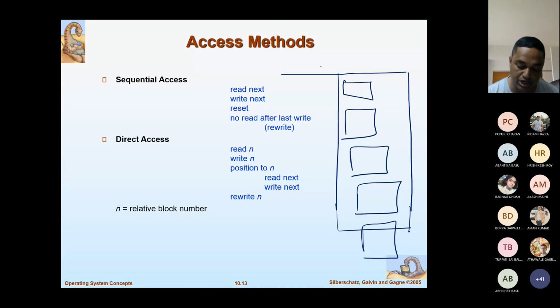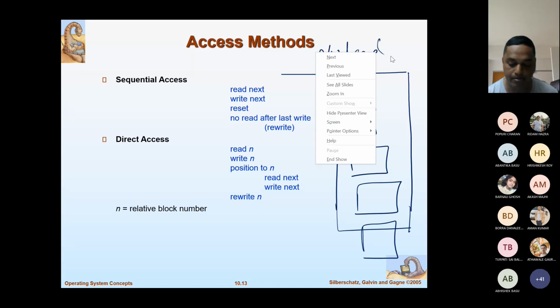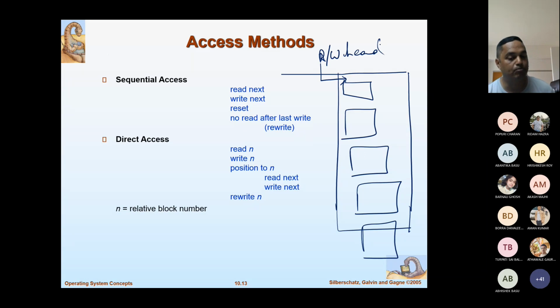When you give a command, your read write head, which is going to read the file, is in the topmost position. This is called the read write head. It is in the topmost position of the file.